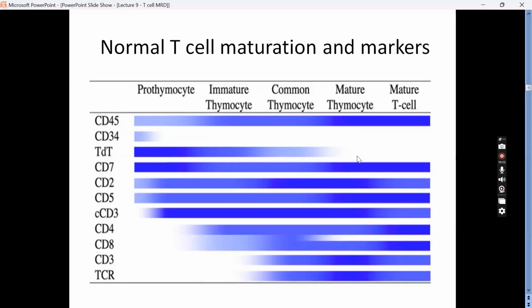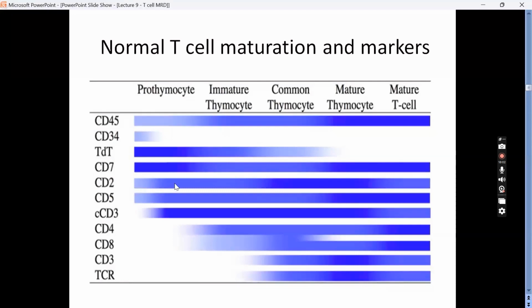That is the beauty of T cell MRD, which is relatively easier than B-ALL MRD. If I classify the MRDs based on complexity, the easiest is T-ALL MRD, then comes B-ALL MRD, and finally AML MRD.